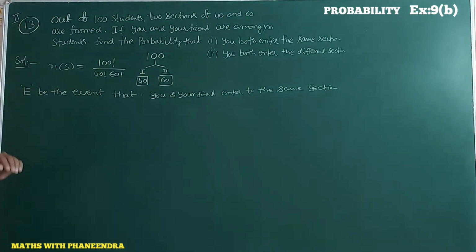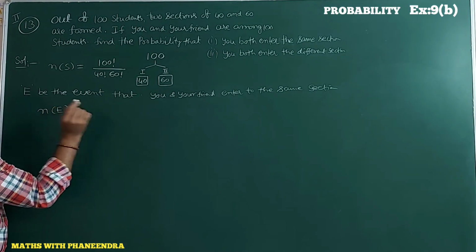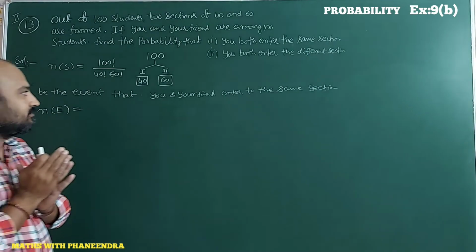So what is the possibility I am explaining here? So n of E is equal to what possibilities?